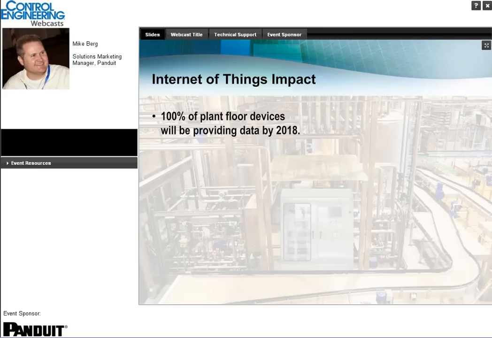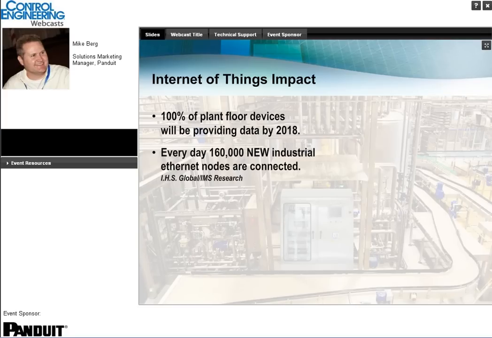That's not that long from now. And as the availability of Ethernet-enabled devices increases, we're also seeing the number of nodes just explode. Even looking at the current numbers today, there are 160,000 new industrial Ethernet nodes being added every single working day. And that's growing every day as well.